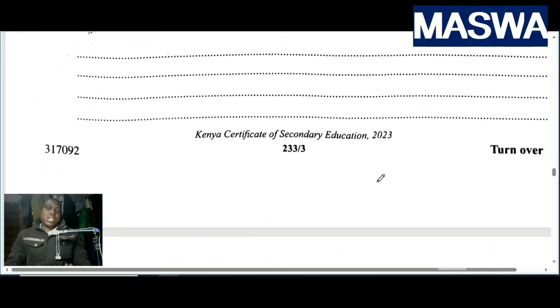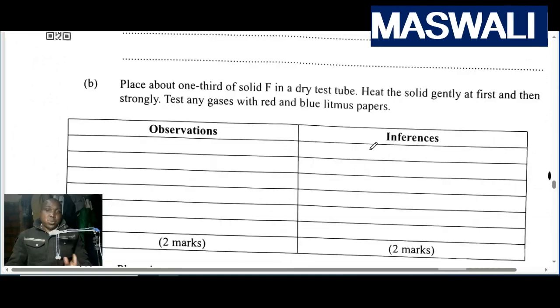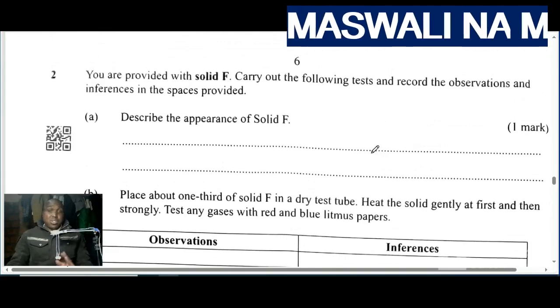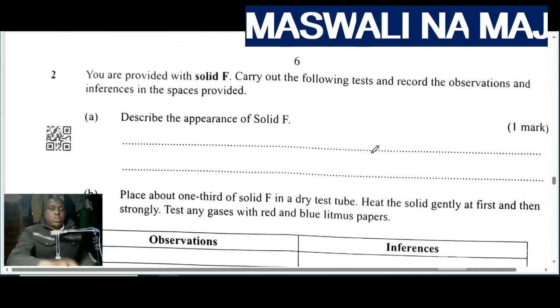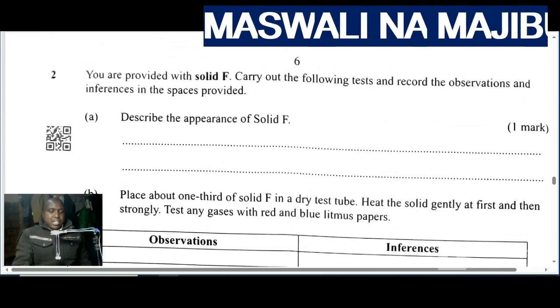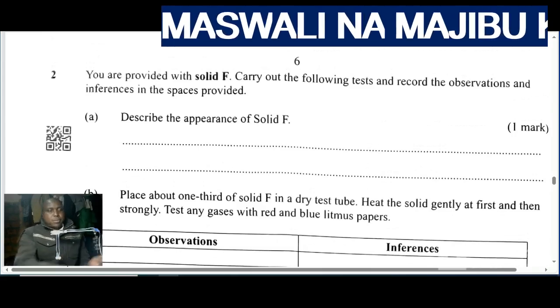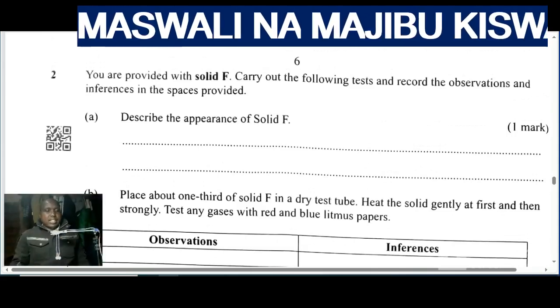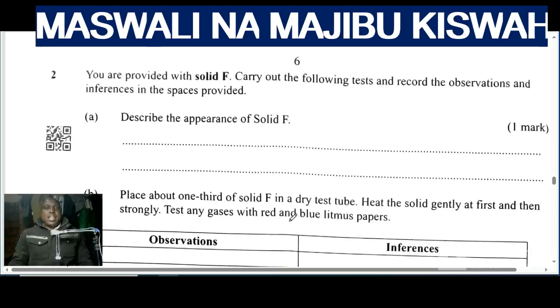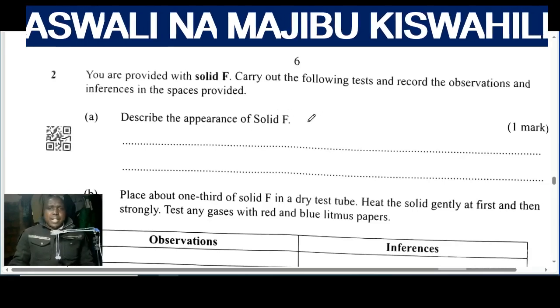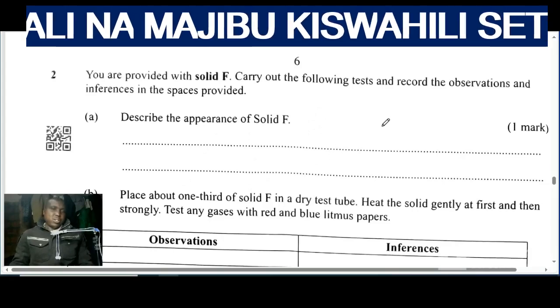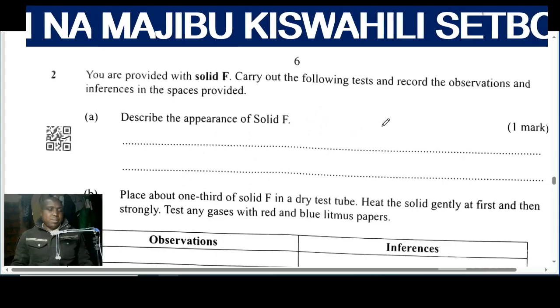So let me take you through qualitative analysis, because you will get the same thing this year. This one will repeat, you will see, because it will not change much. So the first thing we had in the qualitative analysis, you are provided with solid F. Carry out the following tests and record the observation.